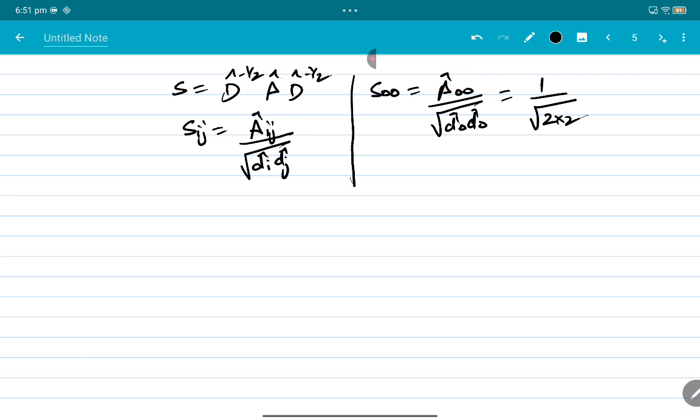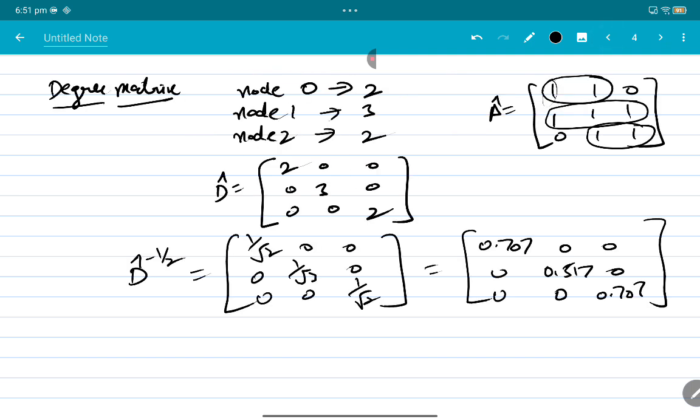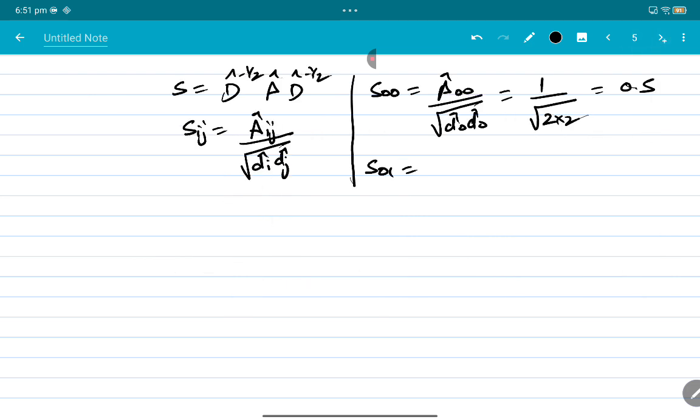So 2 by 2, it is 1 by 2, which is 0.5. Similarly for S01, A hat is 1, so 1 divided by root of 2 multiplied by 3, which is 1 by root 6, nothing but 0.408.